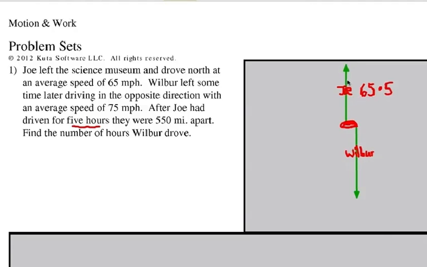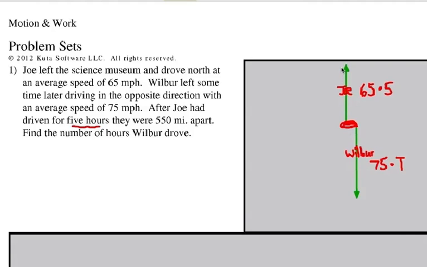We don't know how far that is, but it actually won't matter. Now Wilbur, his speed was 75 miles per hour, and we do not know how long it took him, so we're going to call that t. So Joe's distance traveled is 65 times 5, rate times time. Wilbur's distance traveled is 75 times t.